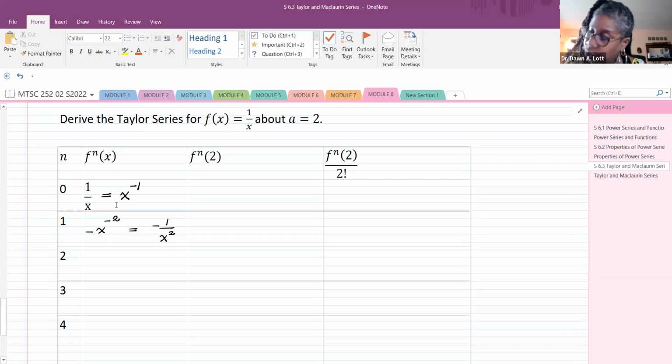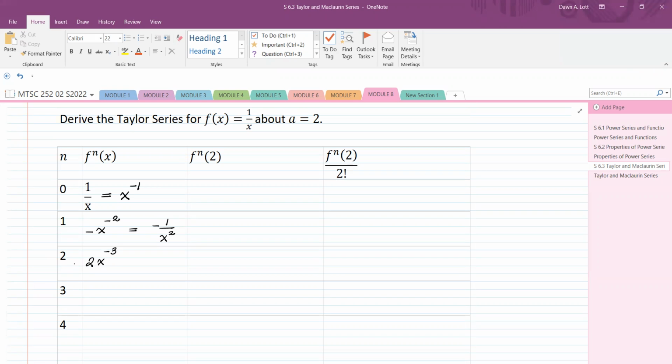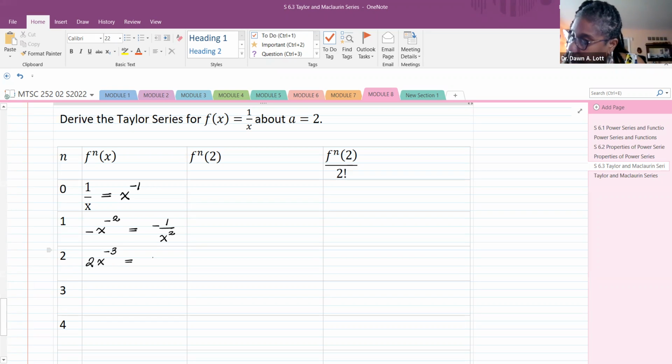So the negative 2 comes down and hits the negative and gives me 2x to the negative 3, just like any regular derivative of a polynomial, except it has a negative exponent. So this is positive 2 over x cubed.